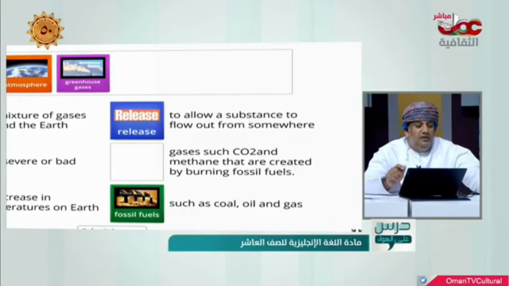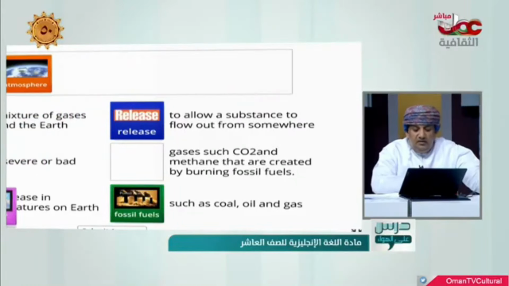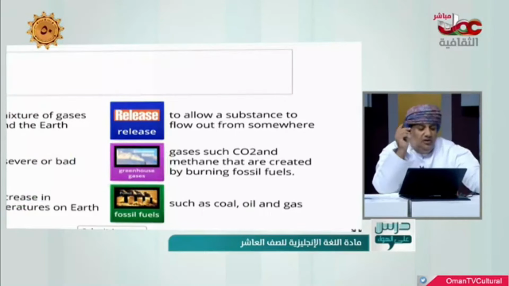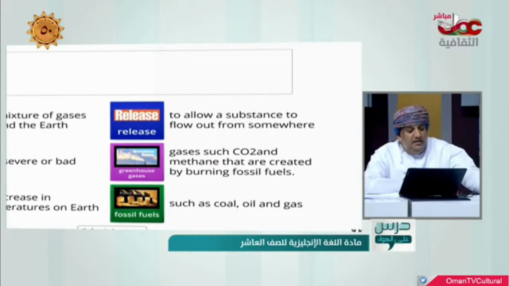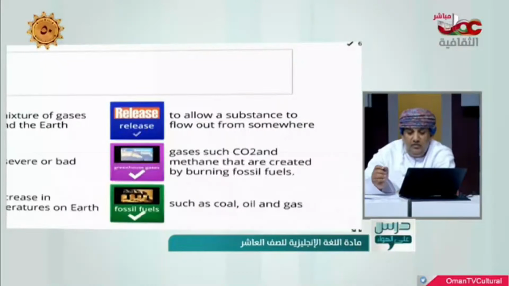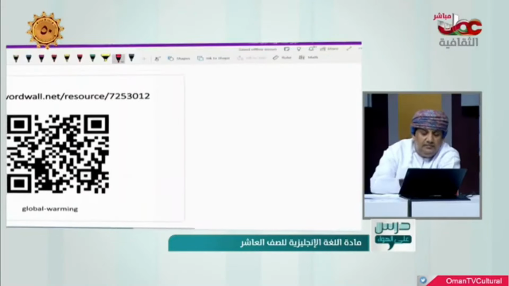So greenhouse, okay, such as CO2 and methane. The atmosphere is the mixture of gases around the earth. And the last one is global warming. It means an increase in temperature on earth. So let's check if it's correct or not. Yes, it's all correct. So let's go back to our lesson again.